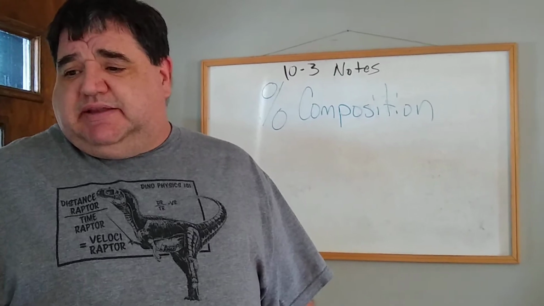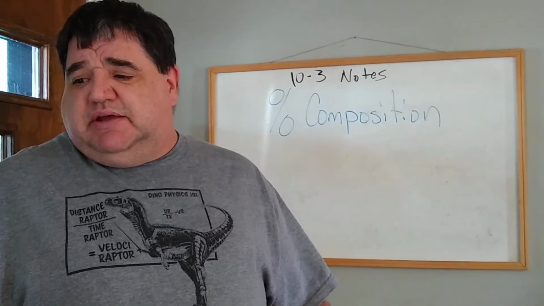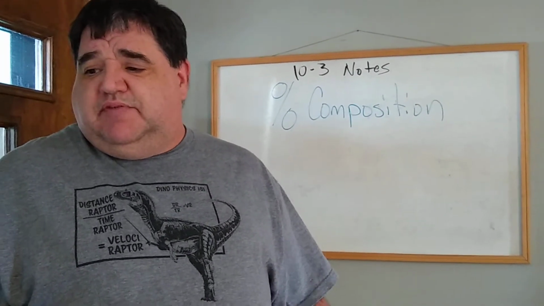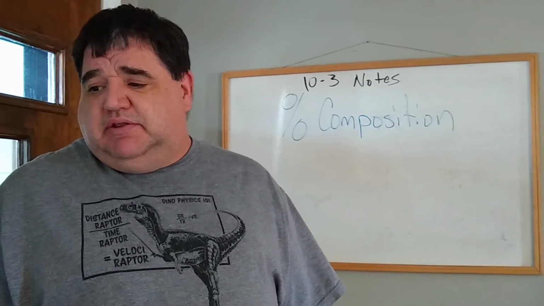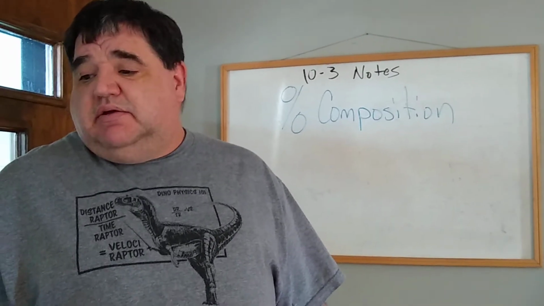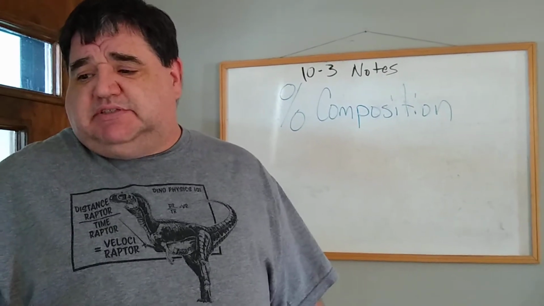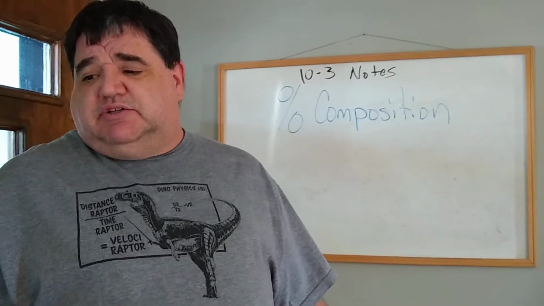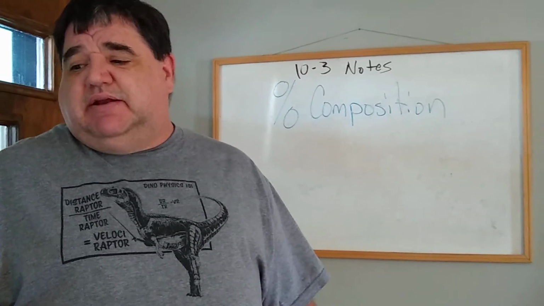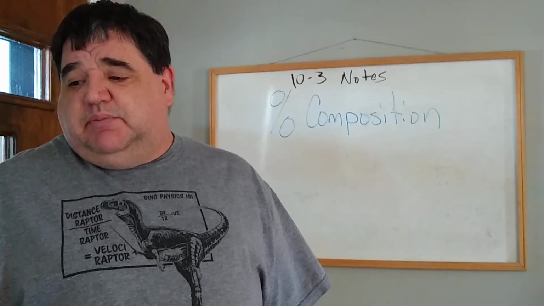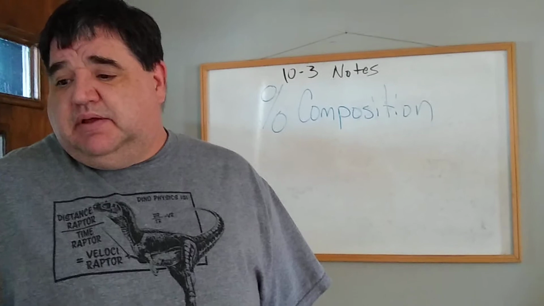When you get down to step number 3, you divide by the lowest mole value, the smaller value, and you get a ratio: mercury divided by itself gives 1. Chlorine is 1.99 moles, so we round that up to 2, and you get a formula of HgCl2.